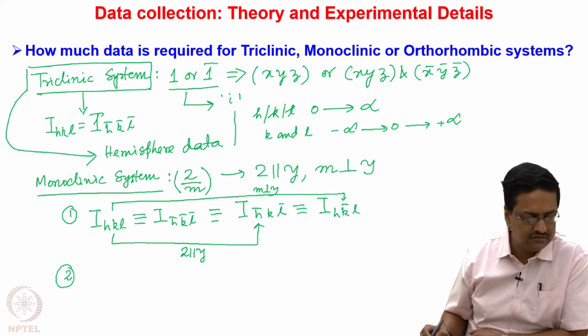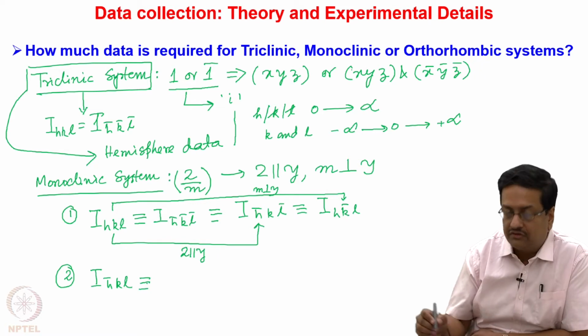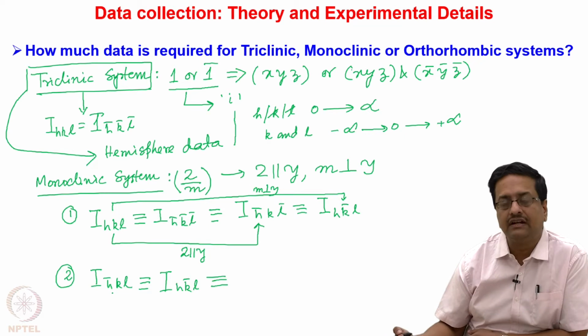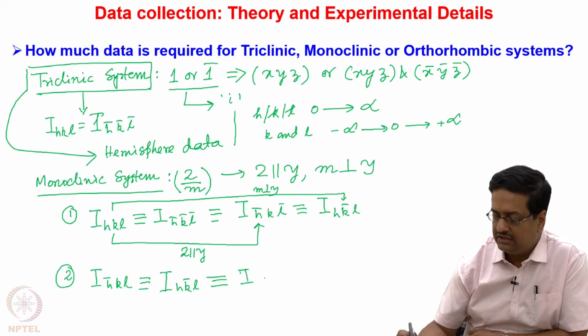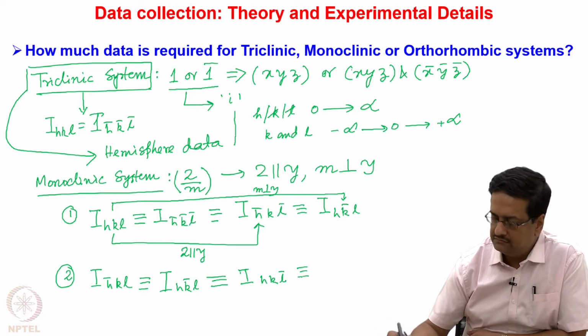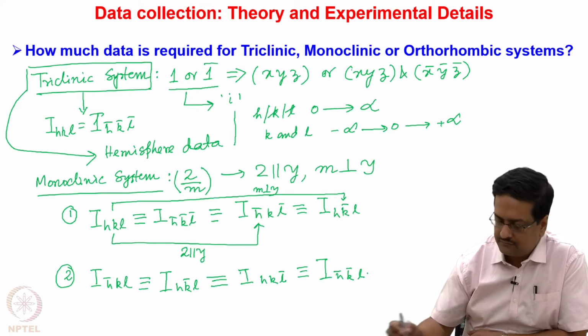and the second set of reflections will have indices like this, h bar k l, the corresponding Friedel's opposite is h k bar l, and then again we apply twofold on this first h k l, so we get h k l bar, and the corresponding Friedel opposite of this is h bar k bar l.